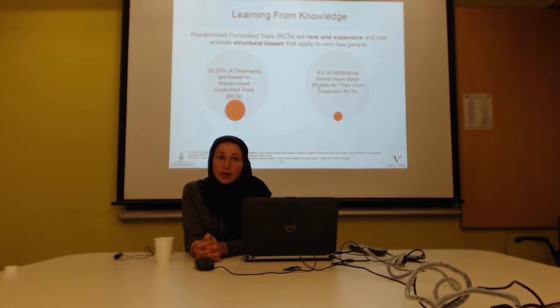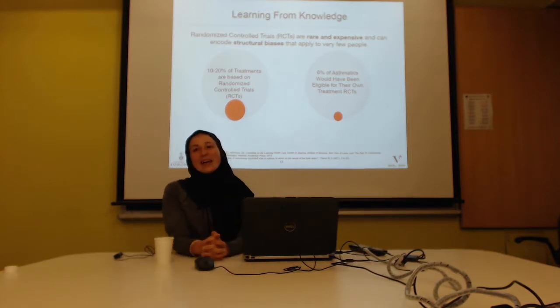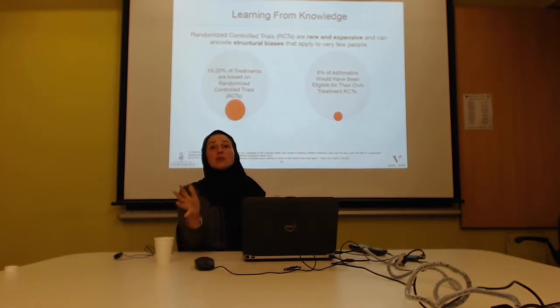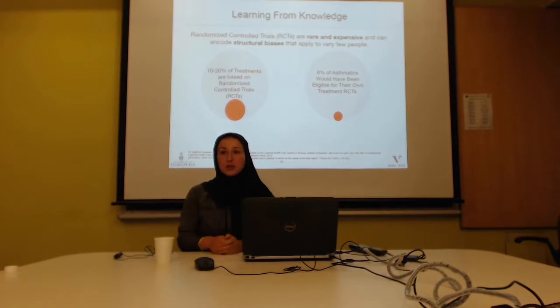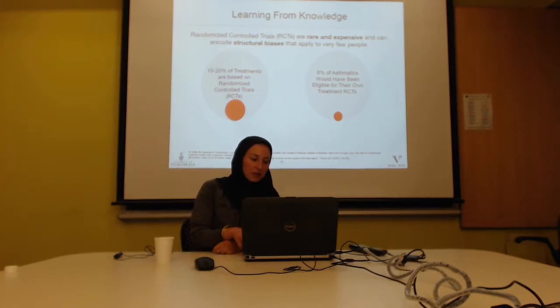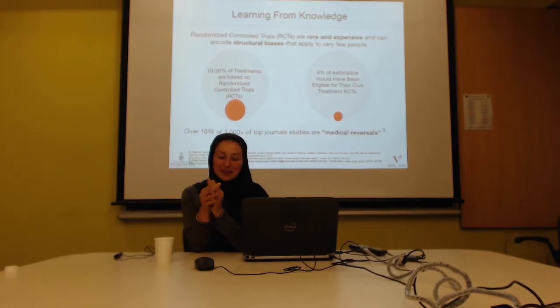So only 6% of people being treated would have qualified for the RCTs that were used to design their treatment. That should make you unhappy, because that means a vast majority of people could not have participated.